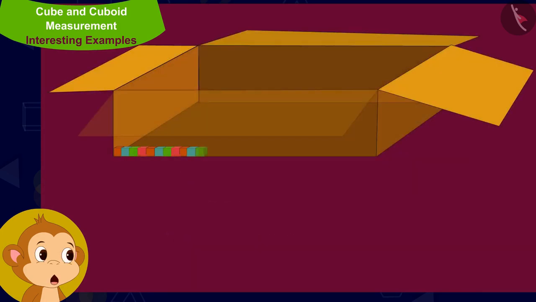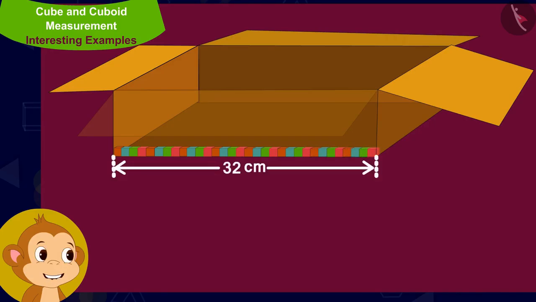Now, the length of this cuboid shaped box is 32 centimeters or 32 cubes of dimension 1 centimeter each. Its width is 30 centimeters or 30 cubes of dimension 1 centimeter each.